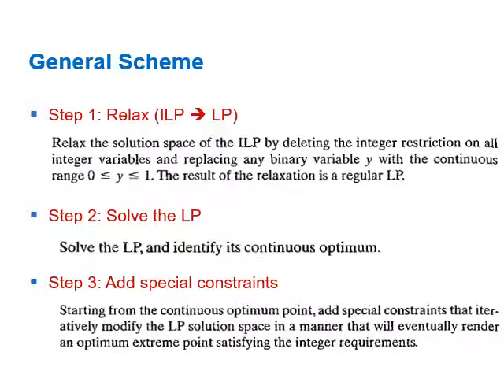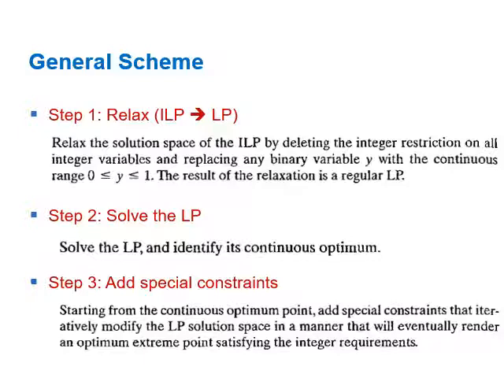In the previous tutorial, I already gave you this general scheme of the branch and bound algorithm. So this is not the formal algorithm. I will give you the formal algorithm in the next step. But this is the informal way of providing the steps of the algorithm. So what are these steps? The first step is to relax.